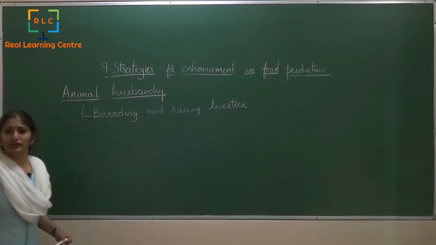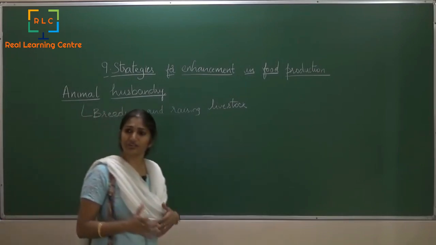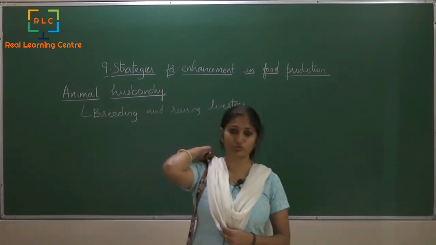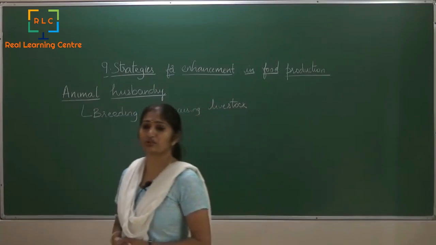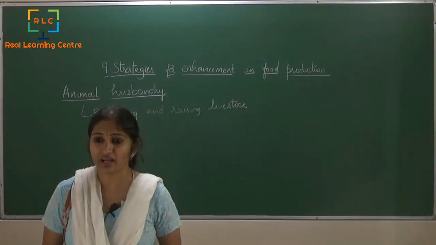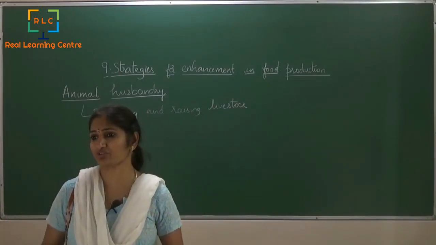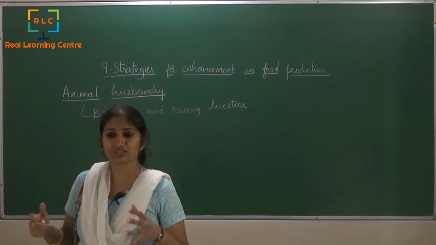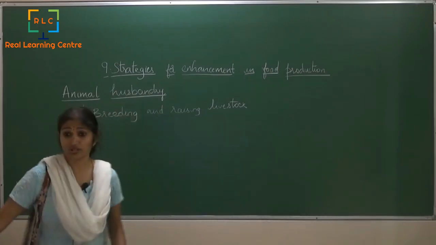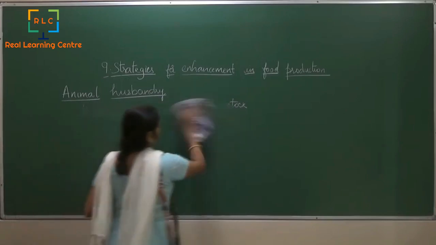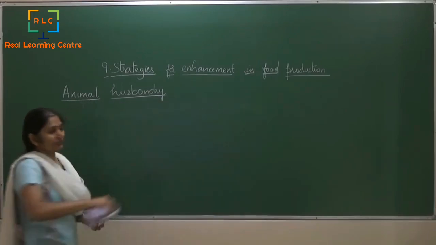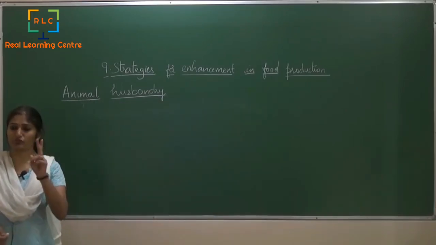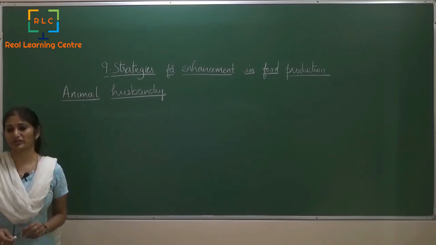Now, there is one thing that has to be managed very well when we are talking about animal husbandry, and that is management. What is it that we need to manage? When we are talking about animal husbandry, we need to concentrate on two important aspects.